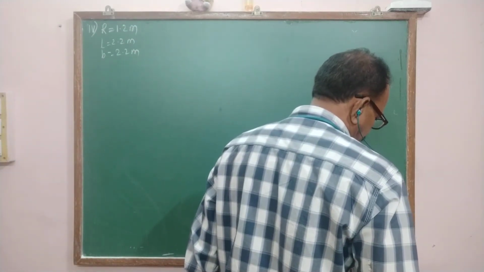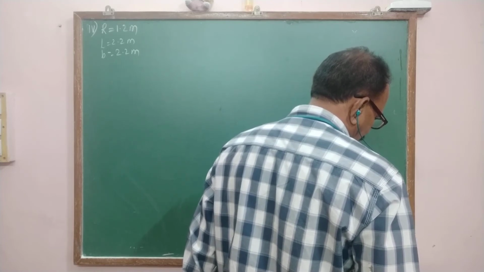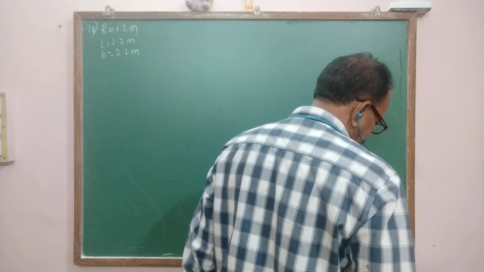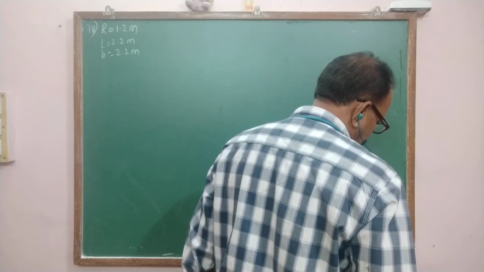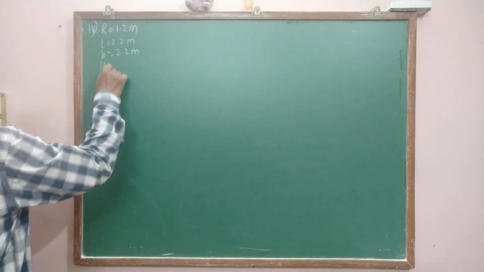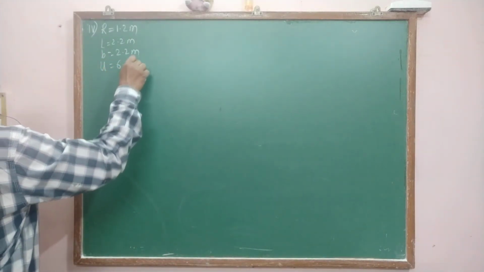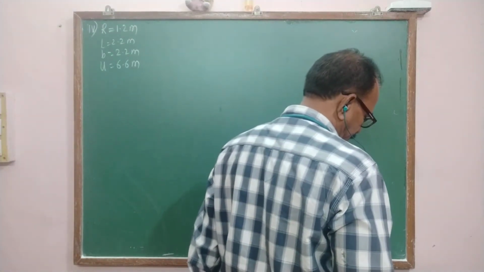A minibus of cross section area, and 6.6 meter away from the mirror. The object is at 6.6 meter away from the mirror.